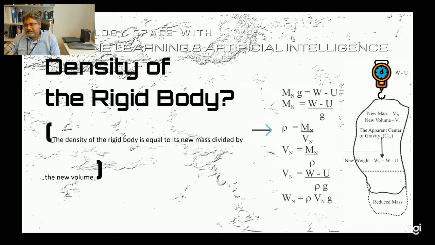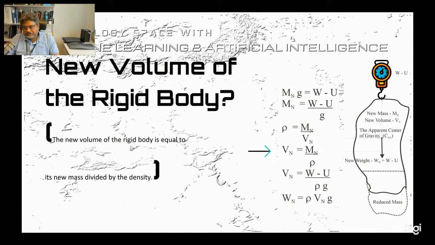So then you can say something about the density of the material in this rigid body, which is equal to the new mass of that rigid body divided by the new volume of that rigid body. So the new volume can be represented by the original volume of the rigid body minus the reduced volume of that rigid body. So if you multiply both sides of the previous equation by Vn over rho, you will end up with a new equation saying Vn equals the new mass of the rigid body divided by the density.